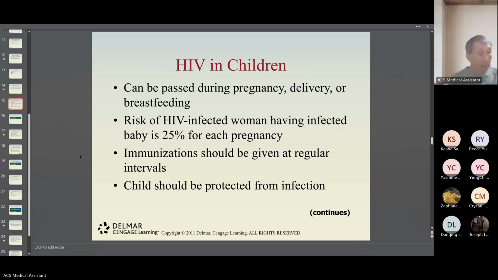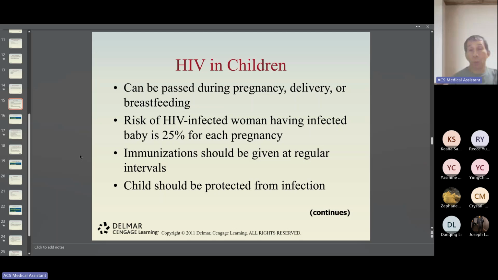HIV. So we heard about HIV a lot. Remember, HIV is not the same as AIDS. HIV is the virus that has entered the patient's body, the patient's bloodstream. AIDS is the last stage of HIV, when all the defenses in our body have been compromised due to the viral infection, meaning the viral infection destroyed all the defenses.